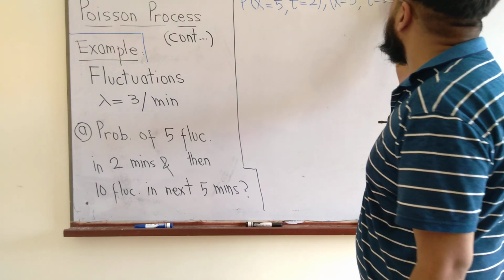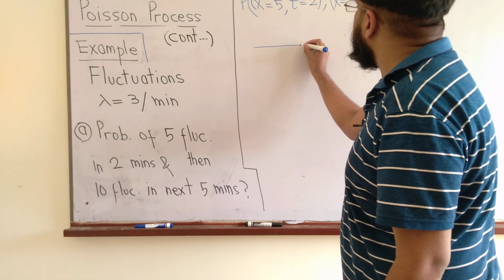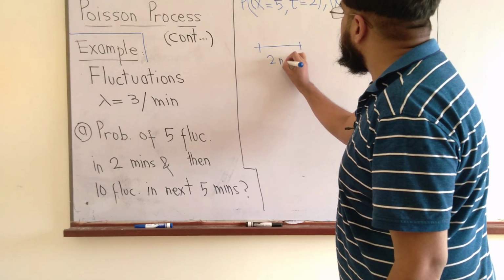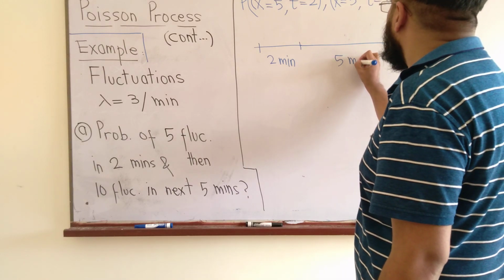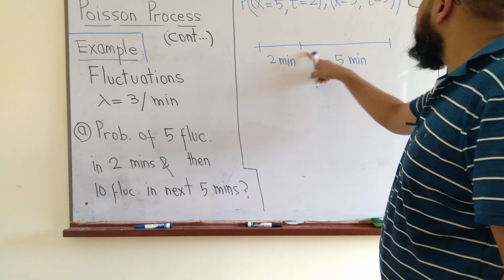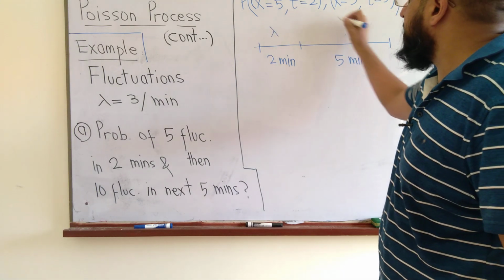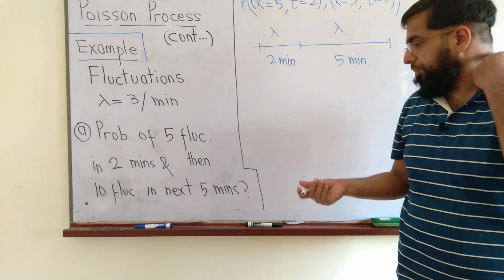So we have 2 intervals. The first interval is of 2 minutes duration and the next interval is of 5 minutes duration, whereas lambda is the same here and here. Lambda is the parameter that remains the same.